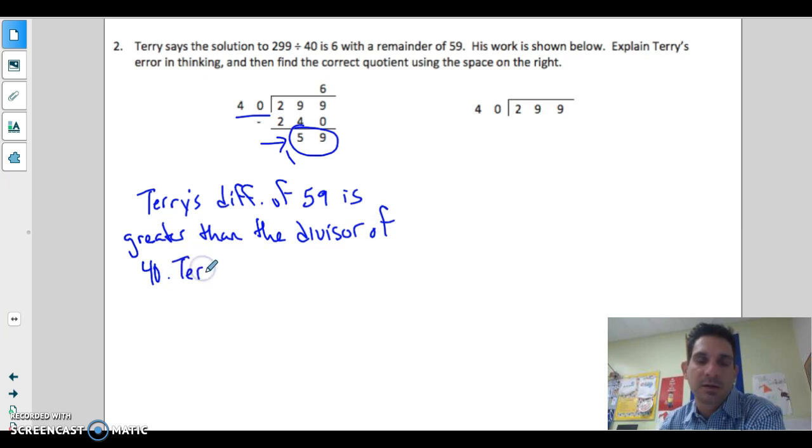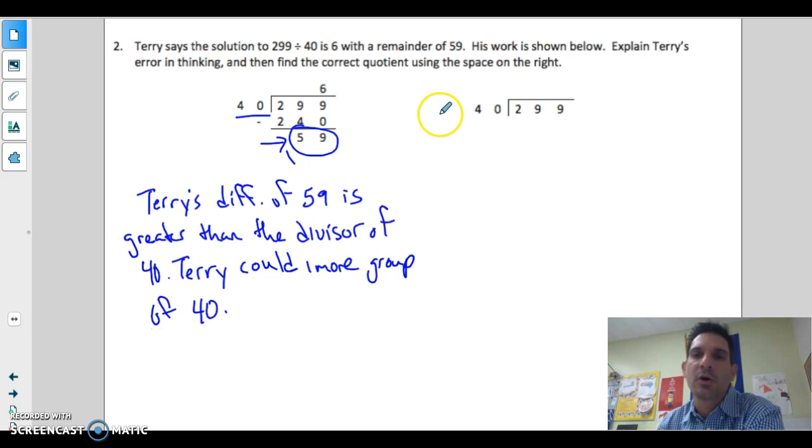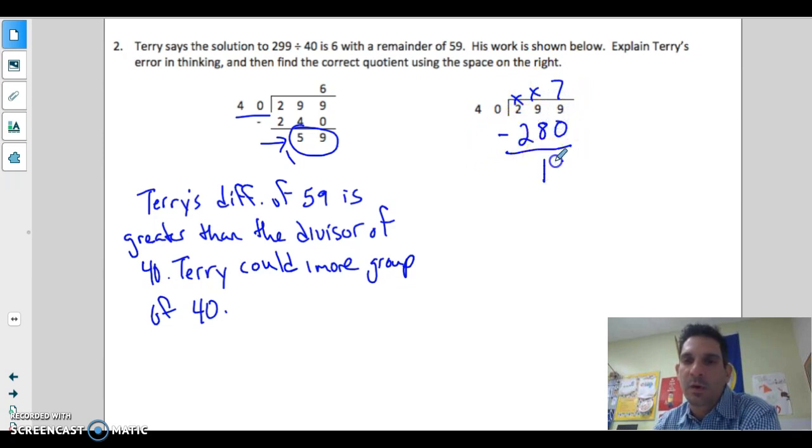Terry could get one more group of 40. So when I do it over here, 40 doesn't go into 2, it doesn't go into 29. So it's going to go in 7 times, and that's 280, and the difference is 19. See, the difference here, 19, is less than 40, so I can't get another group. So it would be 7 remainder 19.